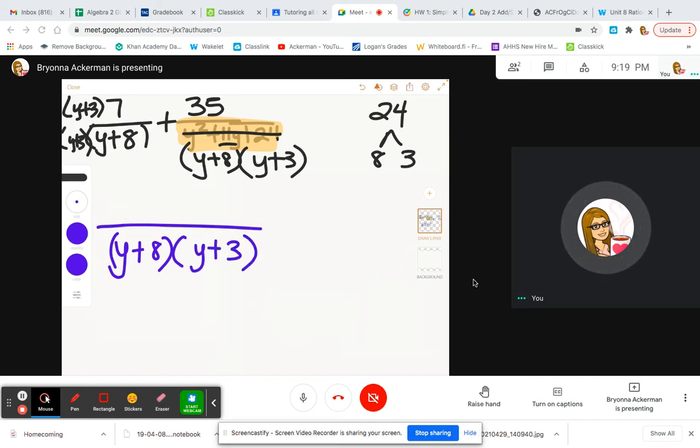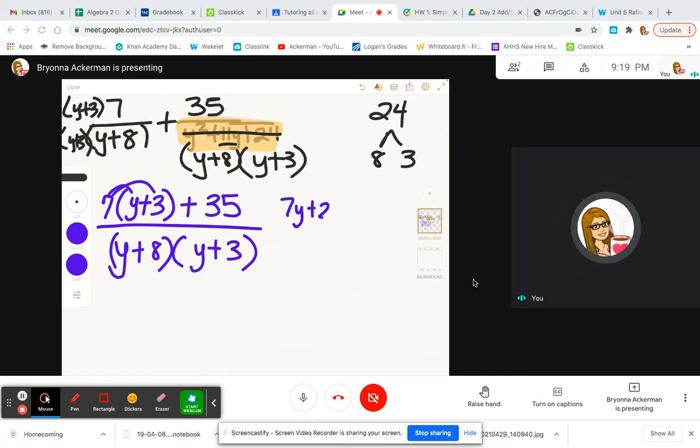Up top, you can leave it for now, because it'll be 7 times the y plus 3, plus 35. If you distribute this 7, you get 7y plus 21 plus 35.